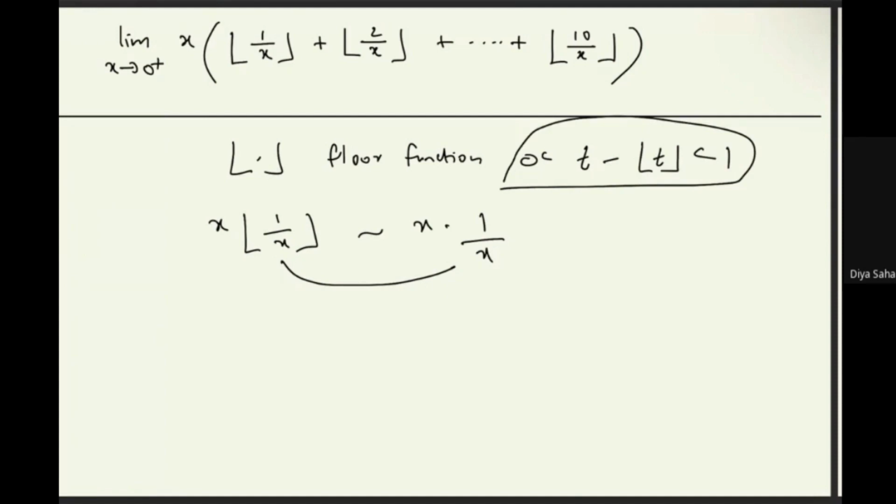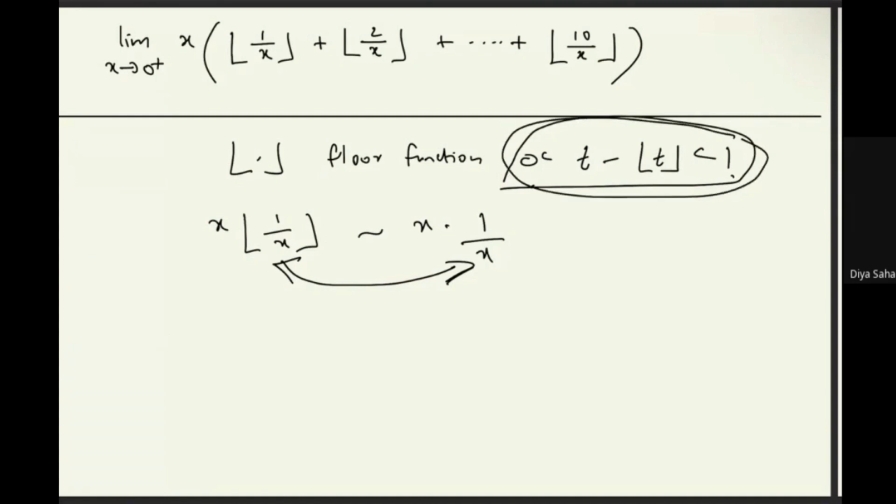It's very close, in the sense that its difference is always bounded between 0 and 1. So I somehow expect this kind of thing to happen. I'm not proving it, I'm just expecting. You should have a feel for it when you see these kinds of limit problems. You should guess it first, then try to prove it. So I'm expecting it because of this.